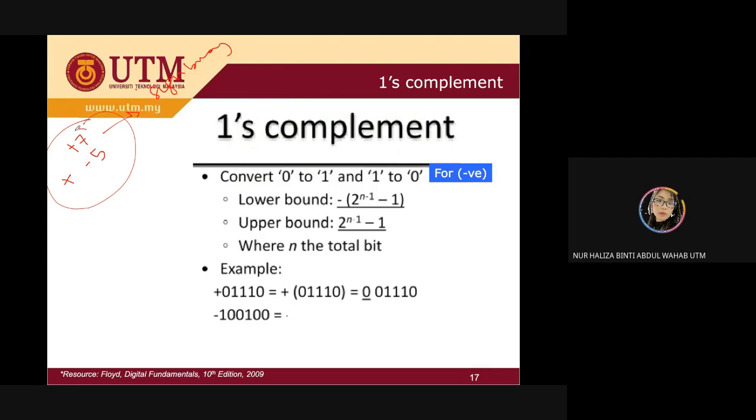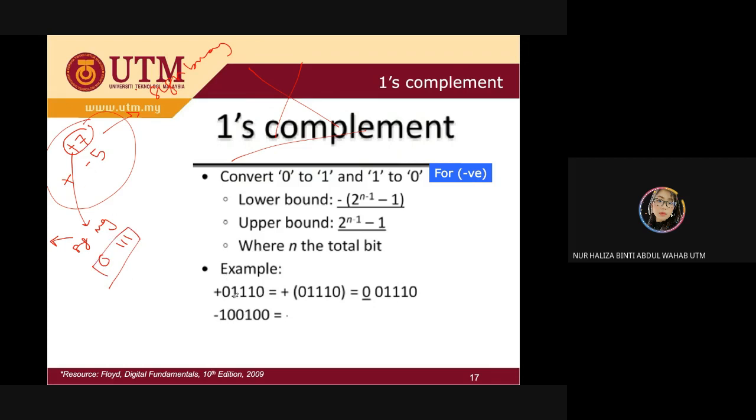But because this is a positive number, no need to consider the first complement method. Instead, you just use the sign magnitude that we learned in our previous slide. Magnitude is 1, 1, 1, and then our sign will be 0. This is the only thing that you will do for a positive number.